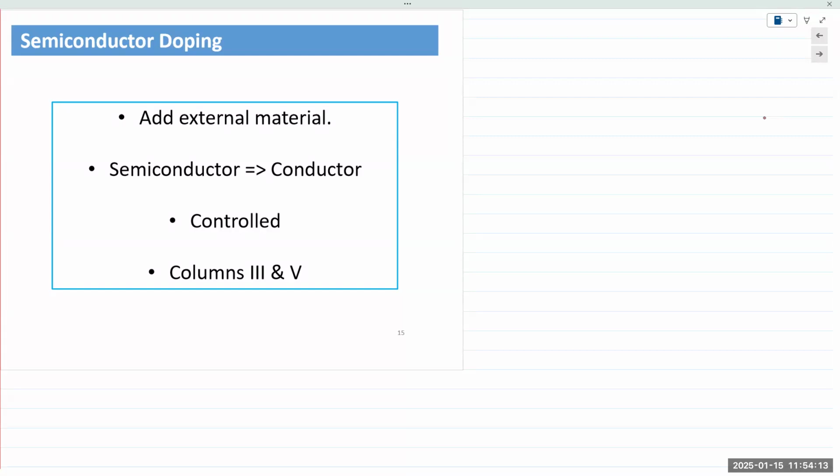The process of introducing external electrons or external holes into an intrinsic semiconductor material is known as doping, or semiconductor doping. So basically we add external material to drastically increase charge carrier numbers, and we can create a conductor out of a semiconductor.